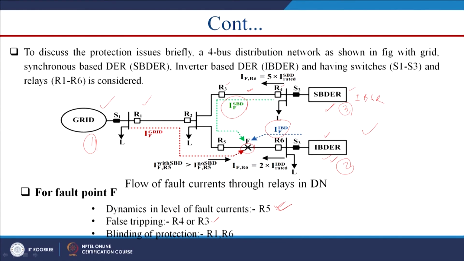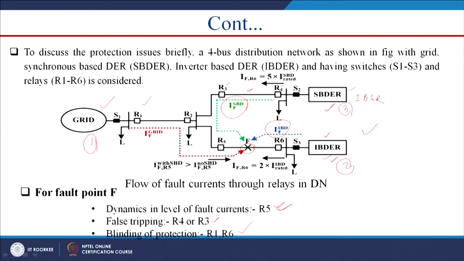That is what I discussed in the previous section, this is known as fault stripping. Though there is no fault in this section, the current magnitude is higher, which may exceed the setting value of these 2 relays R3 and R4. Therefore, these 2 relays should be embedded with a directional unit along with the overcurrent unit. These 2 relays should be directional overcurrent relays.